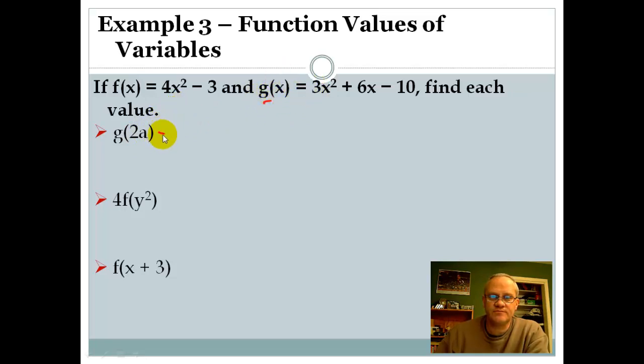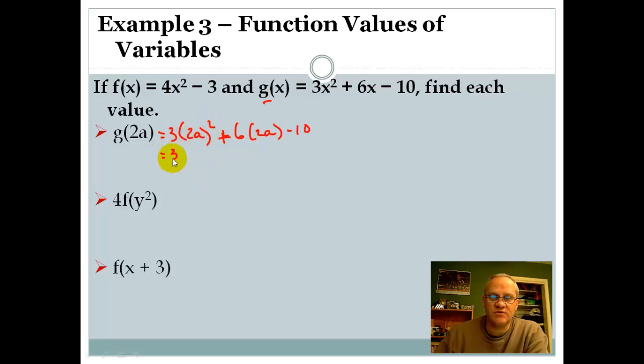So I've got 3 times, remember what's in here is what x is now. So wherever we had an x over here, I'm going to plug in 2a. So this is going to be 3 times 2a squared plus 6 times 2a minus 10. And we're just going to simplify this as much as we can. And so we've got 2a squared, 2 squared is 4.